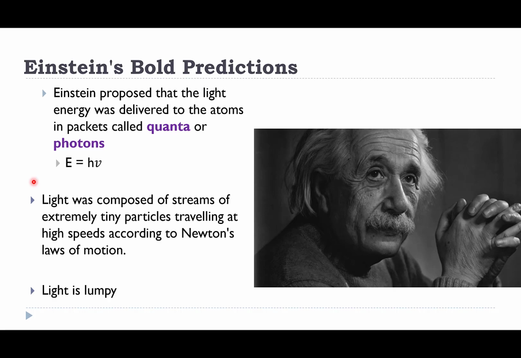So instead of light being this nice smooth wave that we like to consider it, maybe light is packets called quanta or called photons. Okay. And then light is composed of this stream of tiny particles that travels at high speeds. So light's a little lumpy.